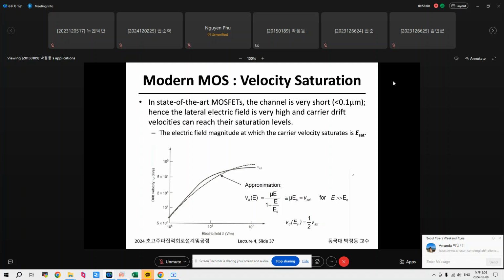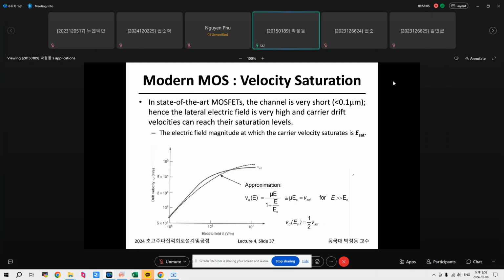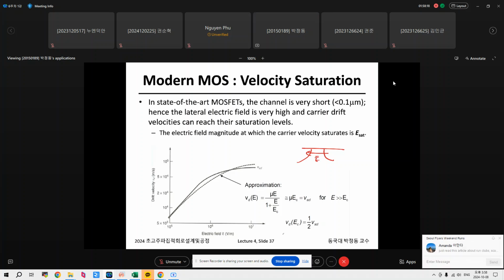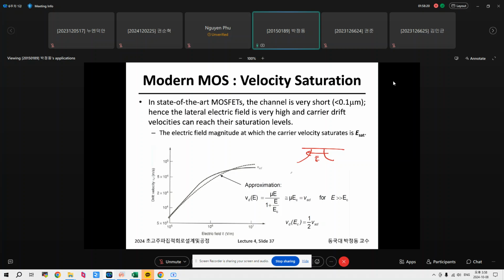In modern MOSFETs, channel length is even less than 0.1 micrometer. Therefore, this lateral field E is very, very high, right? So as we observed, ID consists of channel charge multiplied by velocity.